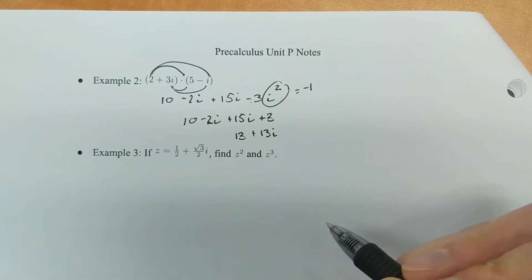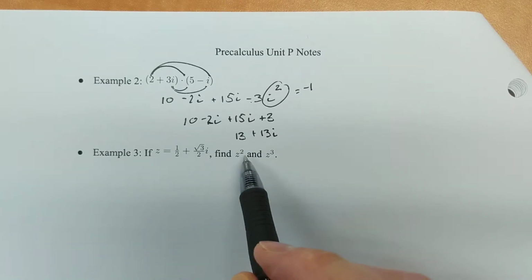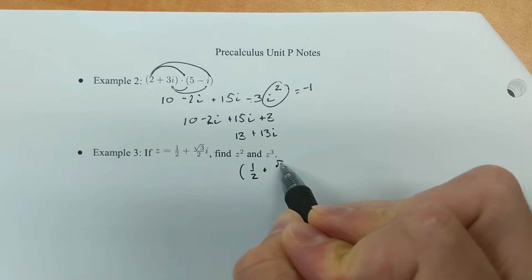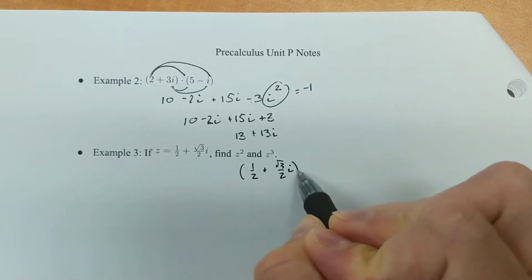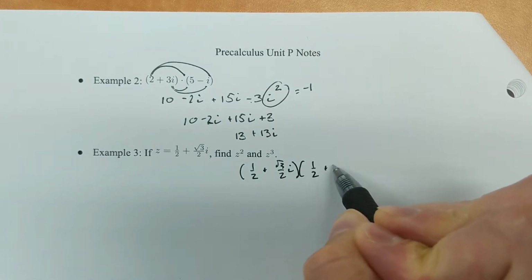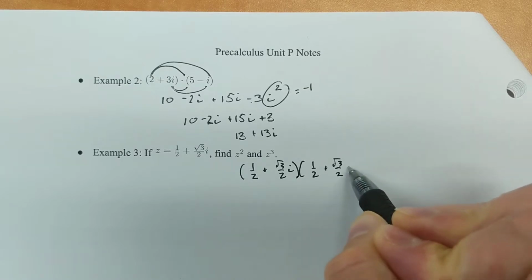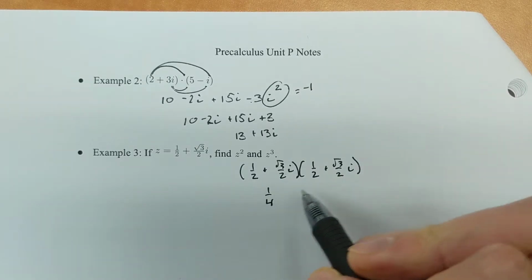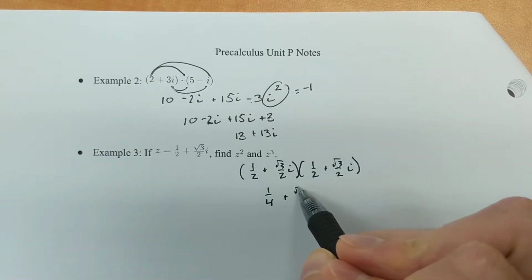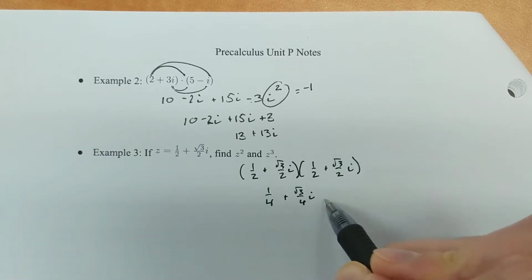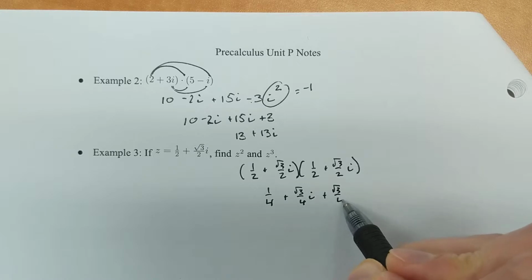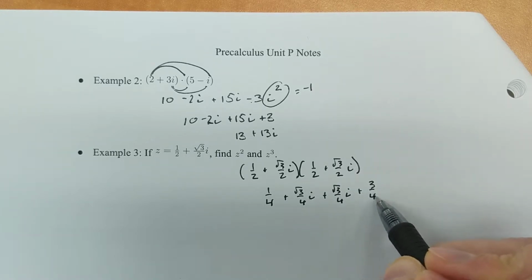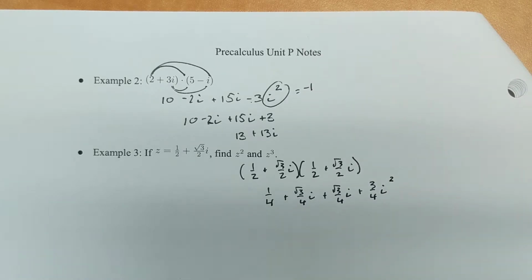So example 3 is similar. Given that z is this, find z squared and z cubed. We'll start with z squared. z squared means you have 2 copies of the parentheses, so I'm going to need to FOIL these together. Firsts would be 1/4. Outsides, root 3 over 4i. Insides, root 3 over 4i. And lasts, 3/4 i squared.